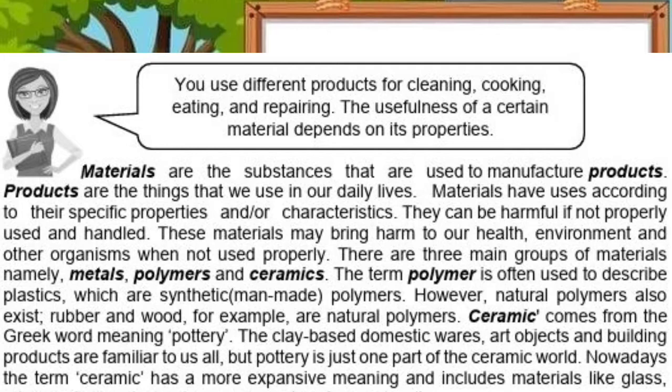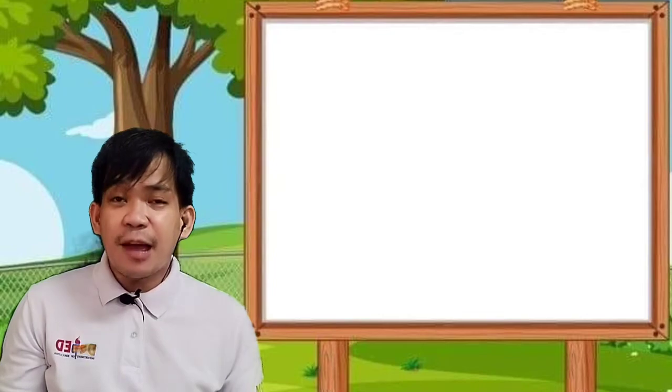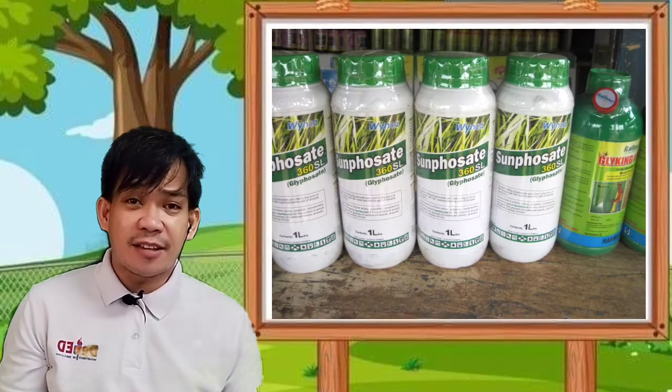They can be harmful if not properly used and handled. There are some materials which are harmful if you will not use them properly. Listen. Those materials may bring harm to our health, environment, and other organisms when not used properly. Example of this are pesticides.